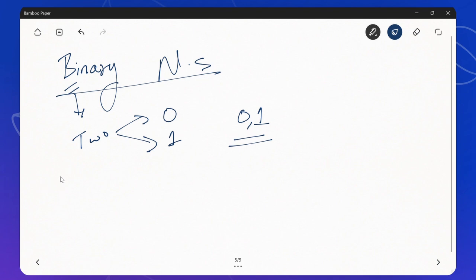Now for the numerical part, a very good question which comes in examination is that we convert a decimal number, which is represented to the base 10, to an equivalent binary number. How does this conversion take place?